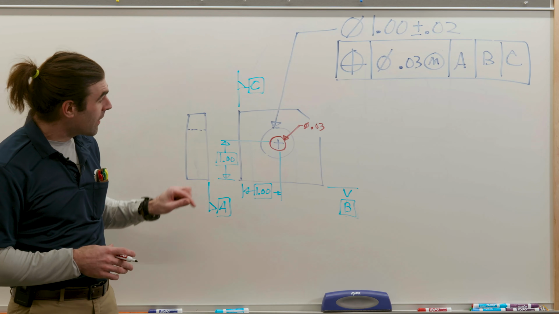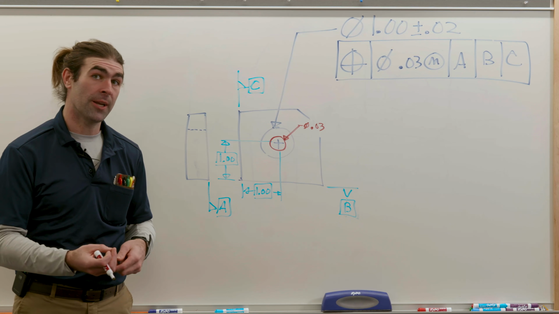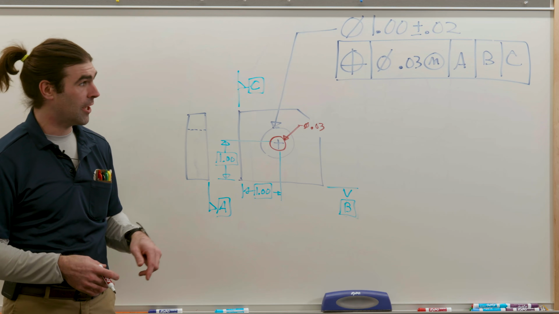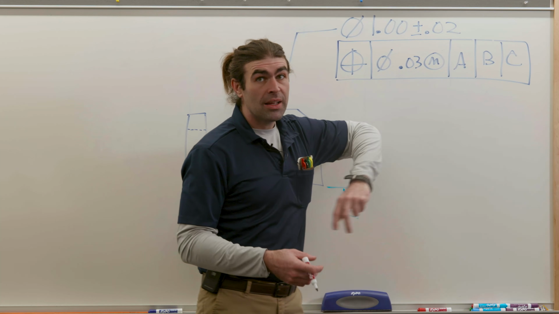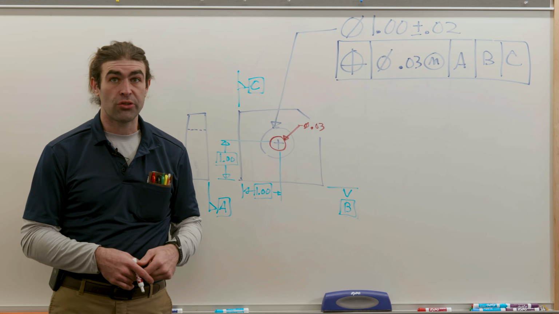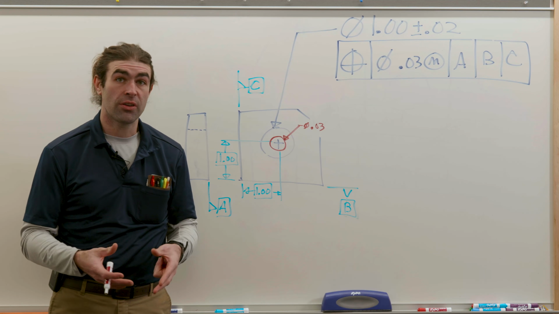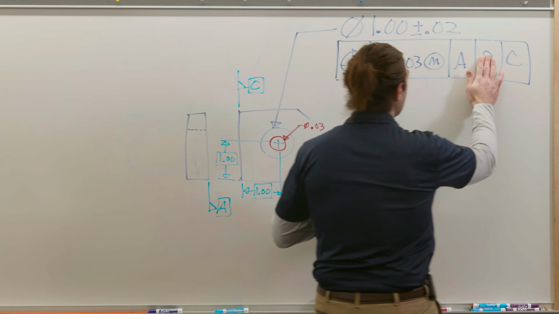Normally, for a block like this, it would be one of the largest planes, right? That gives you good repeatability for inspection. Doesn't have to be. The second one is our secondary datum, typically the second largest surface, but it can be other kinds of features as well. It could be a feature of size, like a slot or a cylinder. So we could switch this.